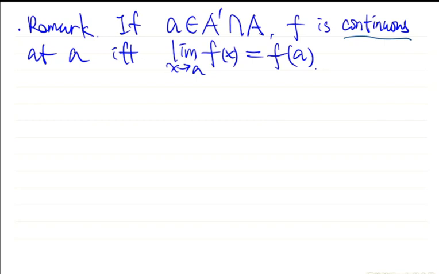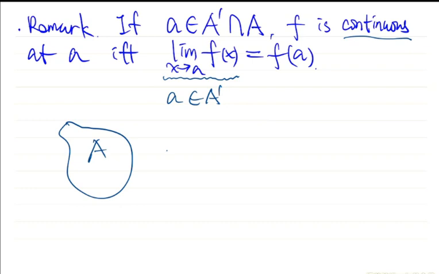Why? Because to define the limit, we need a to be a limit point. If a is not a limit point, for example, this is A, and our point small a is here. For x belonging to the domain of f, that is capital A, x could not go to a.